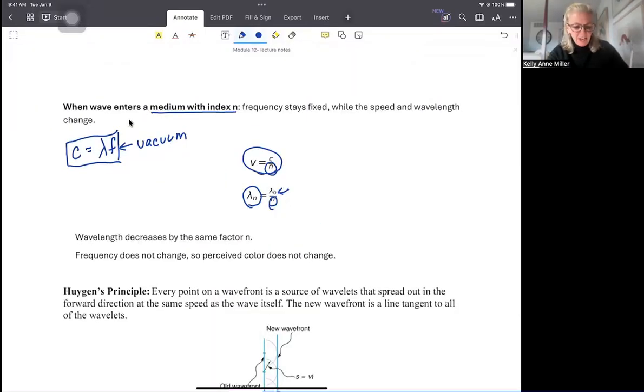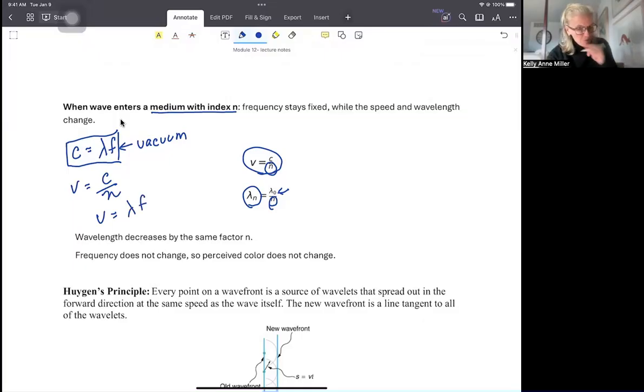To find the velocity of light traveling in some other medium that's not a vacuum, you just have to take the speed of light and divide it by the index of whatever that material is. And then once you have that speed, you can go back to your relationship between wavelength and frequency.